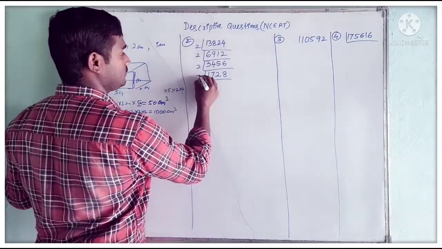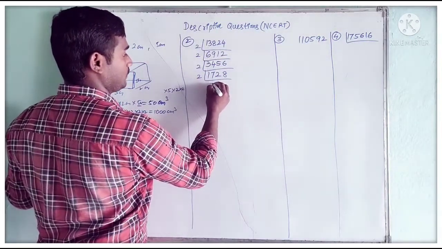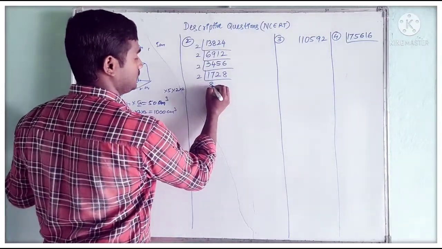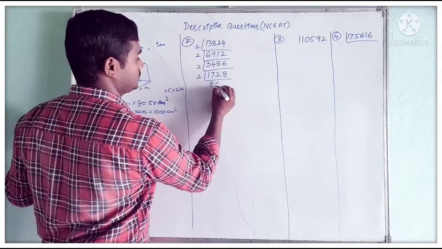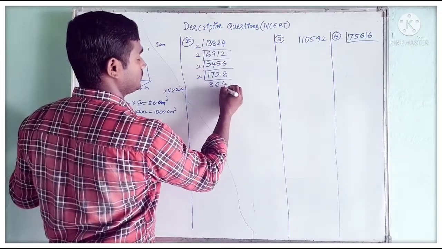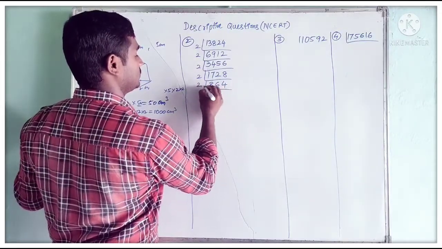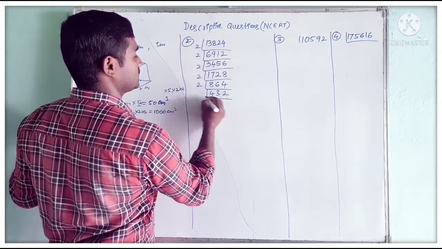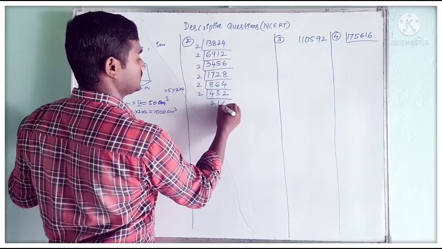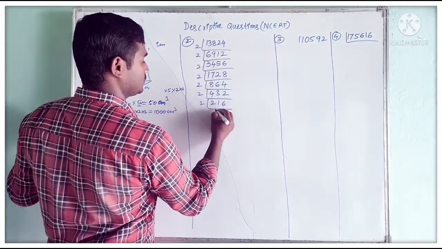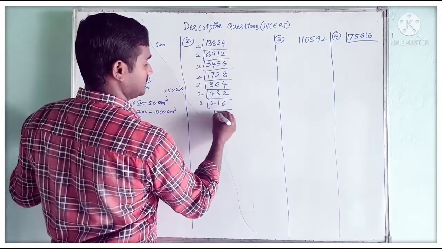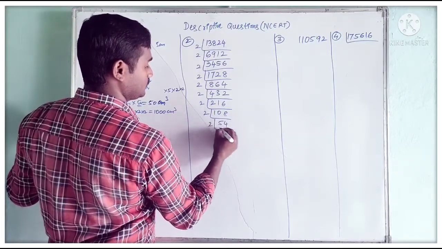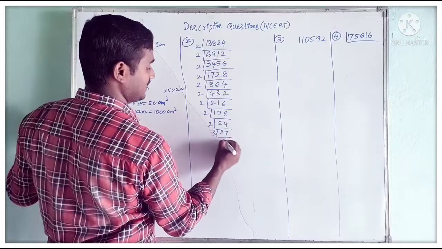Next 2 8s are 16. 2 8s are 16. 2 6s are 12, 2 4s are 8. Next 2 4s are 8, 2 3s are 6, 2 2s are 4. Next 2 2s are 4, 2 16s are 32. 2 108s are 216. 2 54s are 108. 2 27s are 54. Next 3 9s are 27.